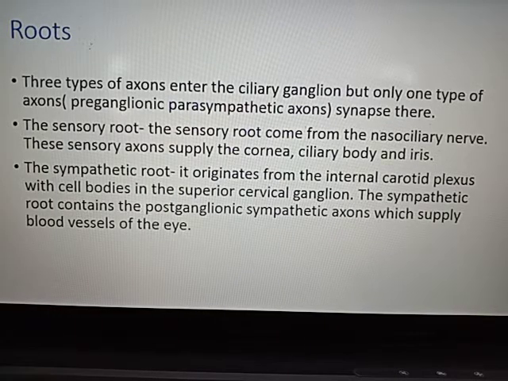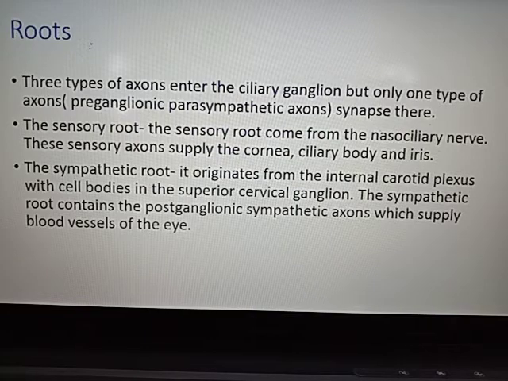So come to the first root, the sensory root. The sensory root comes from the nasociliary nerve. The sensory fibers supply the cornea, ciliary body and iris.